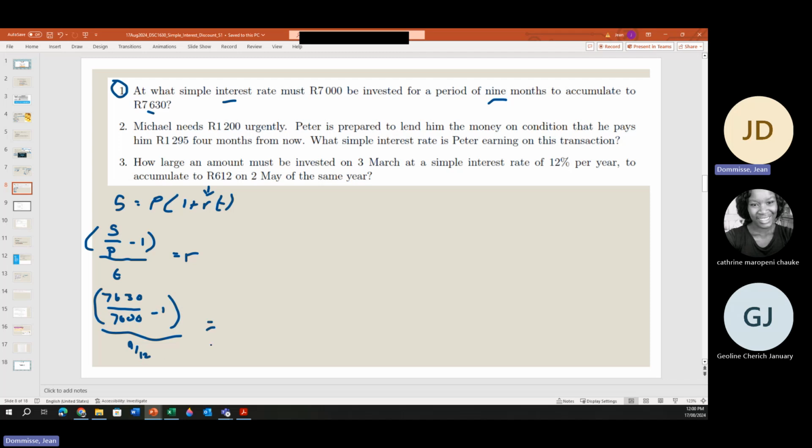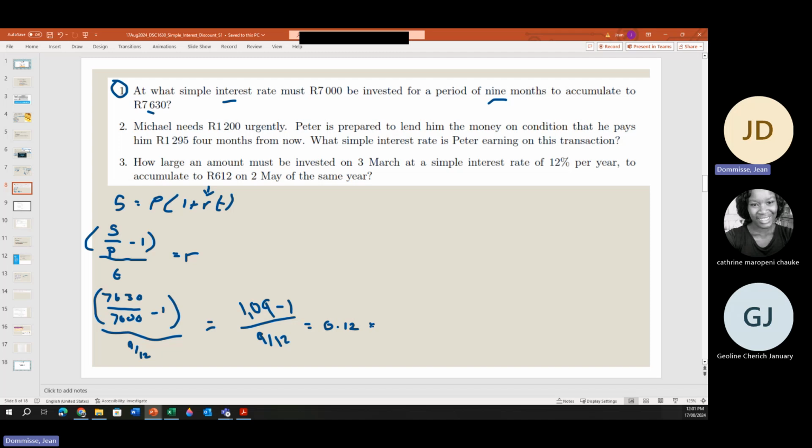And if we do that, we get 7630 divided by 7,000. Let me just write that down. And that would give us 0.12. But remember, we need to work out what is the rate, and the rate is always a percentage.